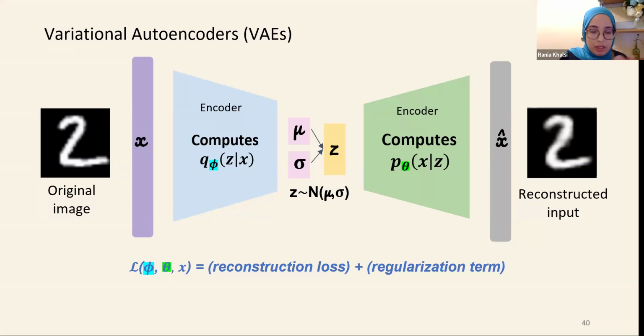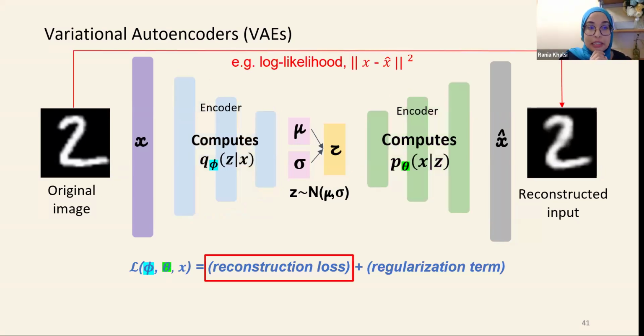Now we are going to cover this in more detail. So the reconstruction loss is the same idea we saw before. It measures how different the reconstructed input is from the original input. And our goal is again to make this error as small as possible to achieve a faithful reconstruction.